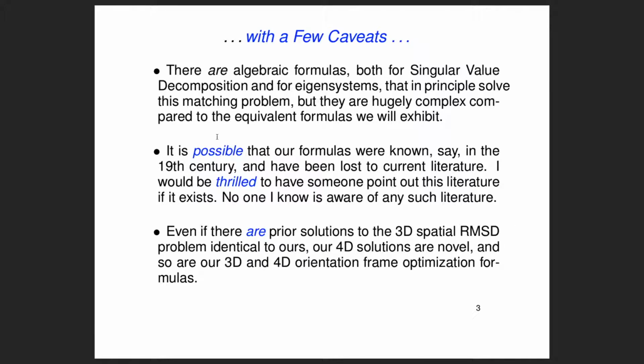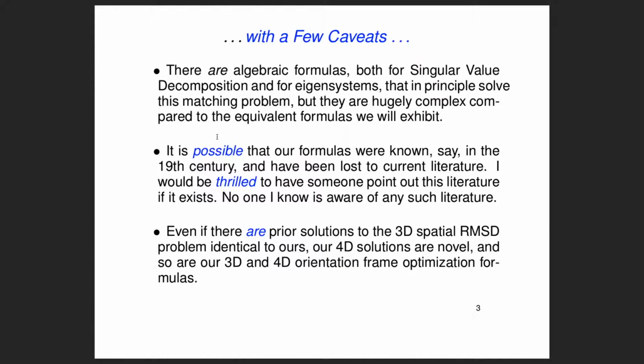There is absolutely no obstacle for Felix Klein to have discovered this formula. If he did, I have not seen it. No one that I know has seen it. And if anyone in this room knows of a place where Felix Klein or someone in the 19th century wrote down this formula, I would be thrilled to find out about it, because that's only a third of what I've done.